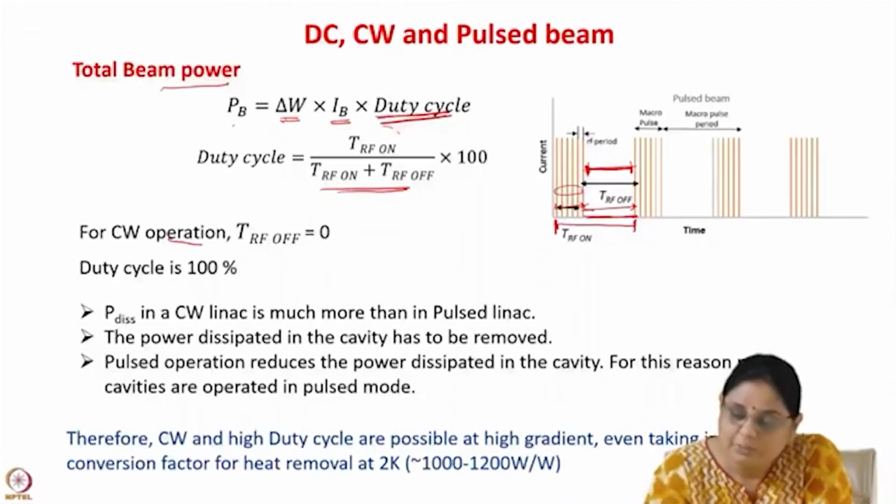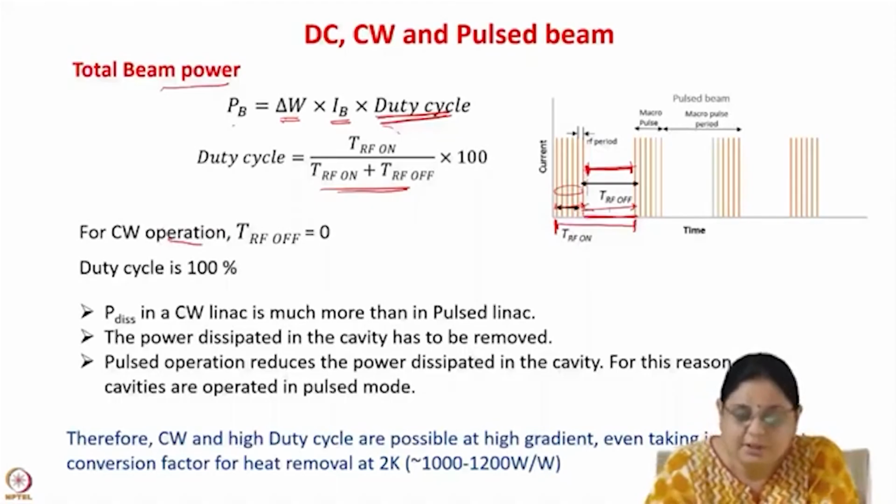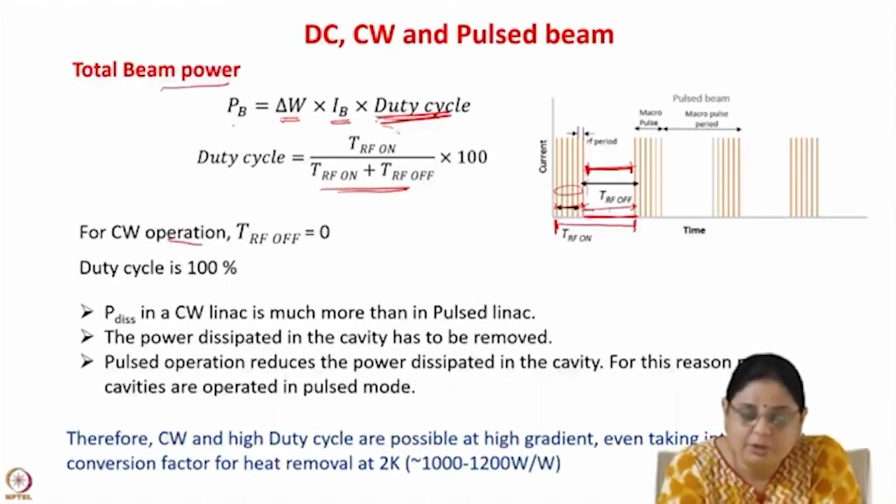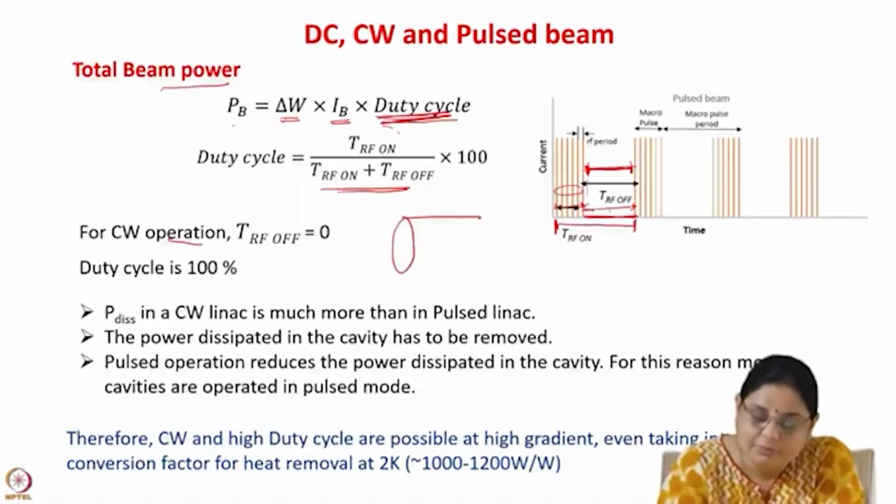For the CW beam, the RF is on at all times, so there will be a beam at all times. For pulsed operation, for some time the RF is put off. Now what is the advantage here? The advantage is that the beam power, as well as the power dissipated in the cavity, reduces.